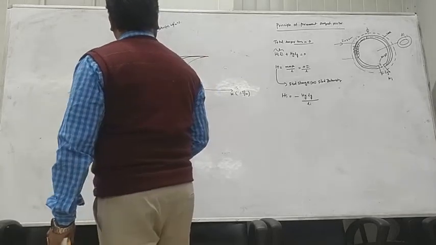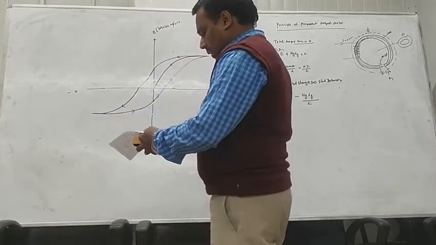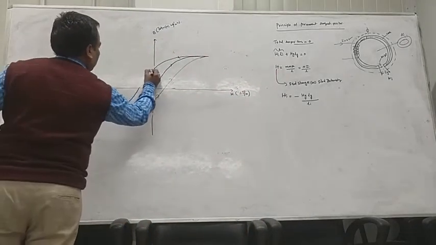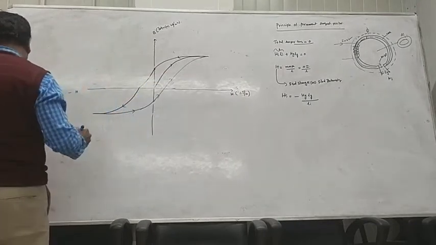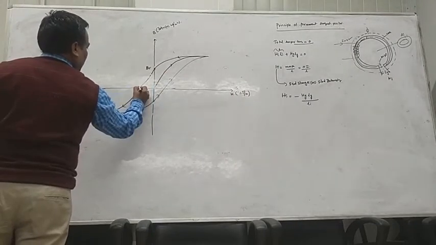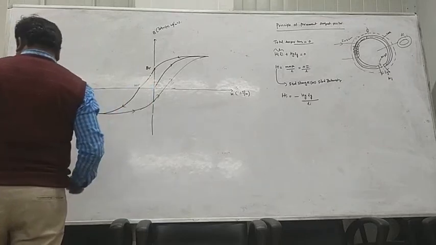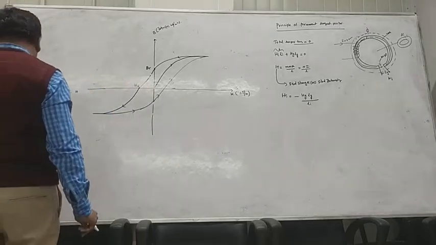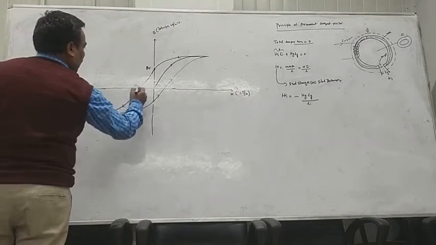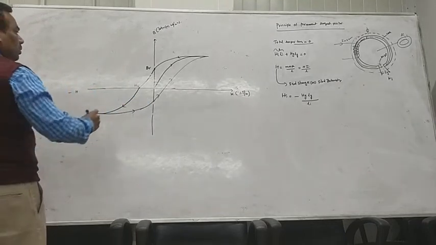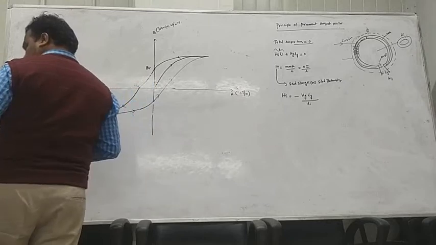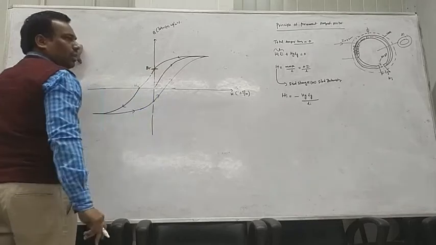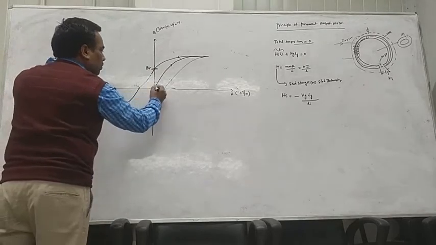So here, if you observe this, this is the hysteresis loop, and this point is nothing but B suffix R, and this point is nothing but H suffix C. You can observe at this particular point the field intensity H value is 0.